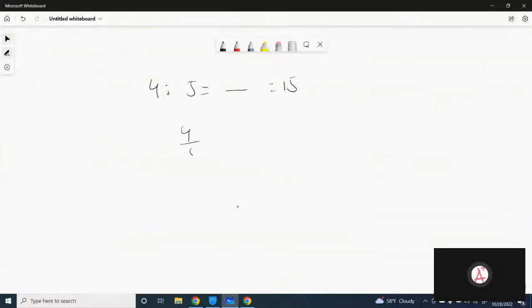It is 4 over 5. 5 times what number is 15? 3. That means you have to multiply the 3 with the numerator also. Got it? So 4 times 3 is 12 and 5 times 3 is 15. So that means the missing number is 12. You just have to look at the ratio between them and multiply to find the missing number. So it would be 12 over 15. Got it?